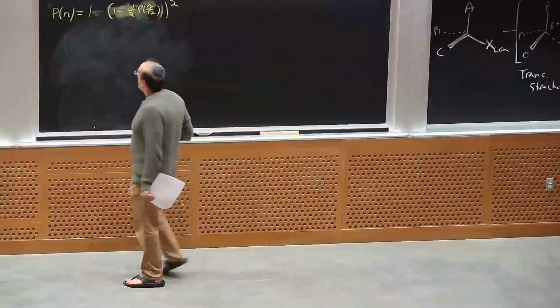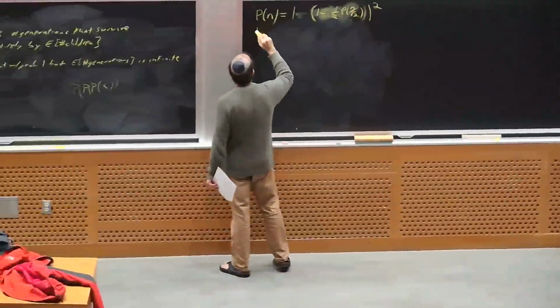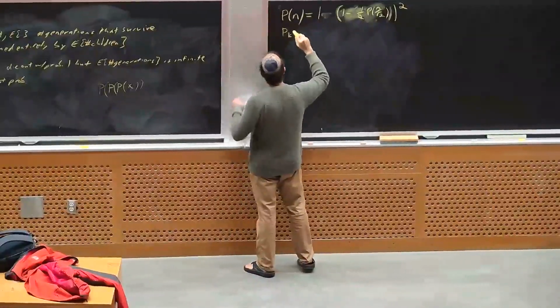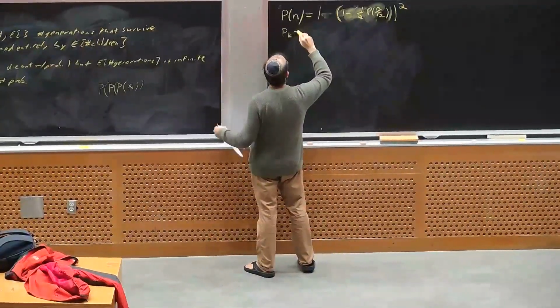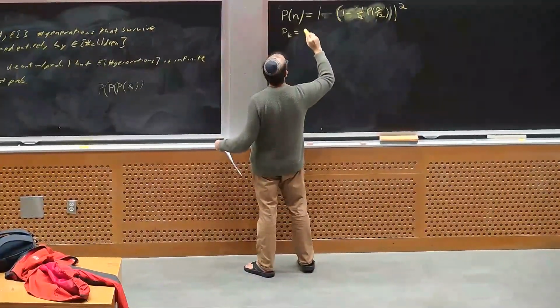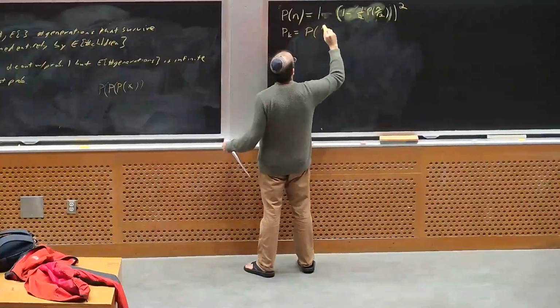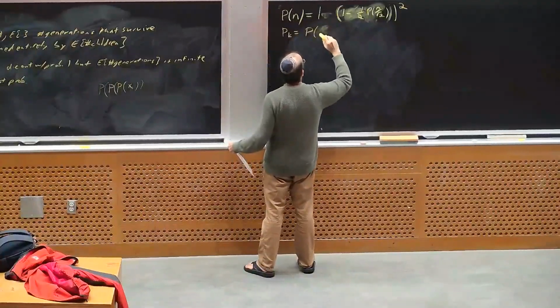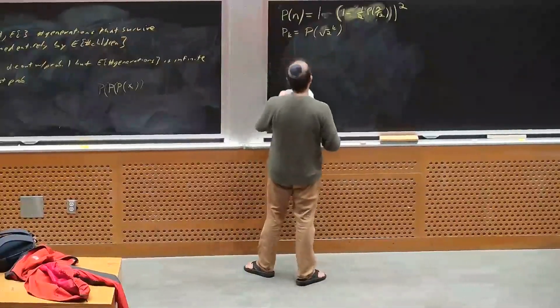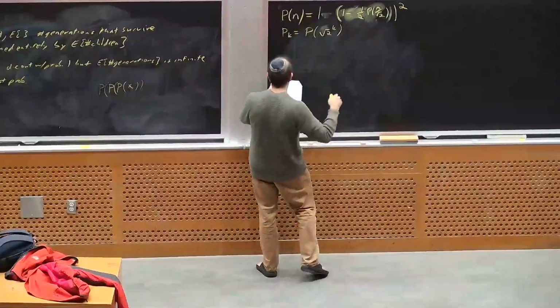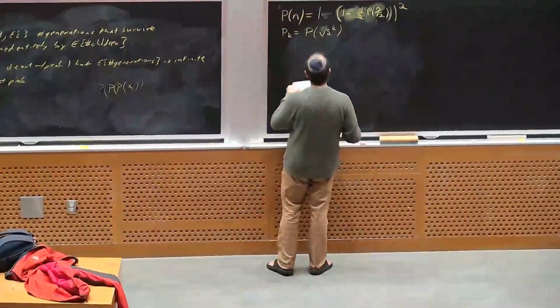All right. So now to keep the notation from getting crazy, I'm just going to write P sub k as my shorthand for P of root 2 to the kth power. So that I can just be doing indexes instead of powers.